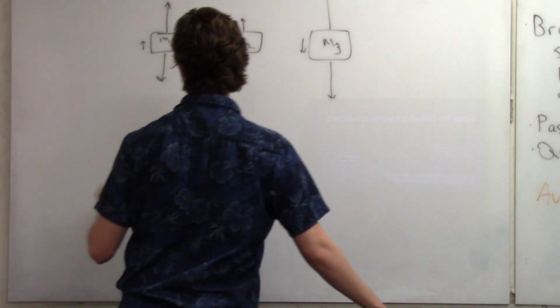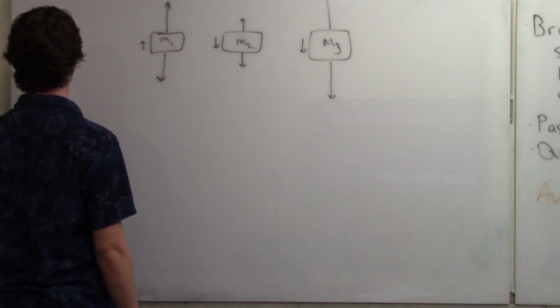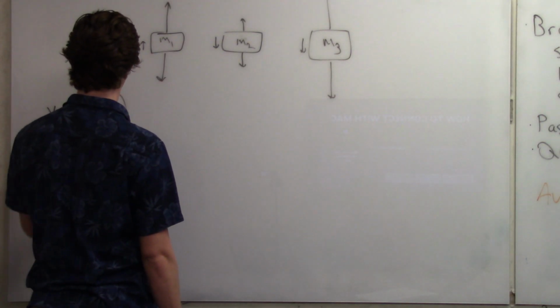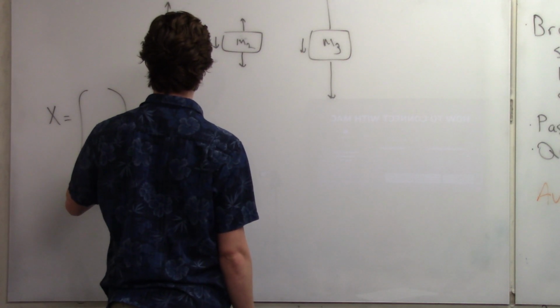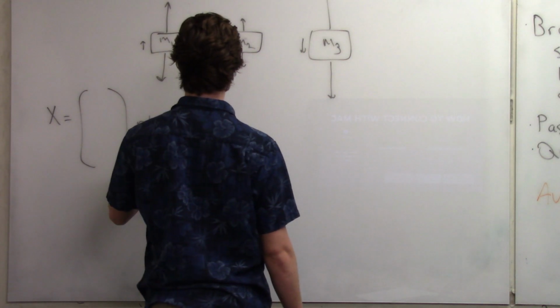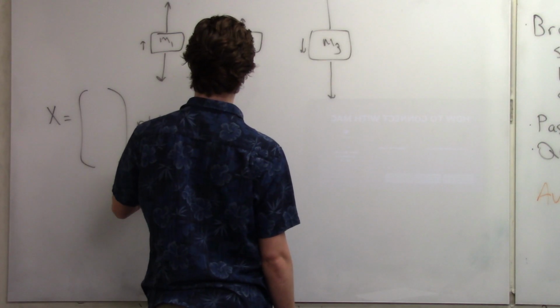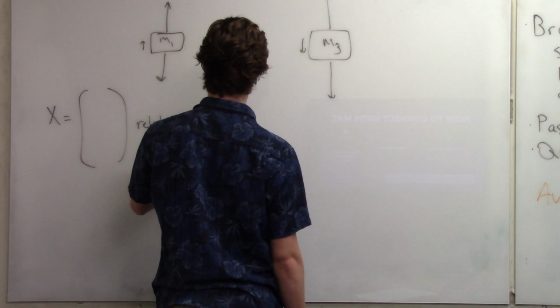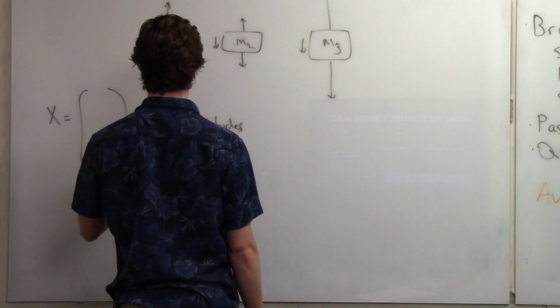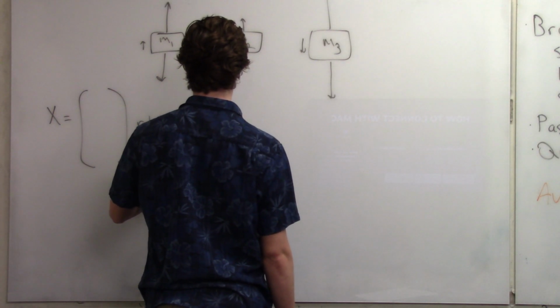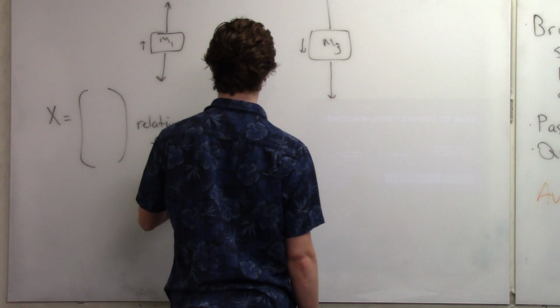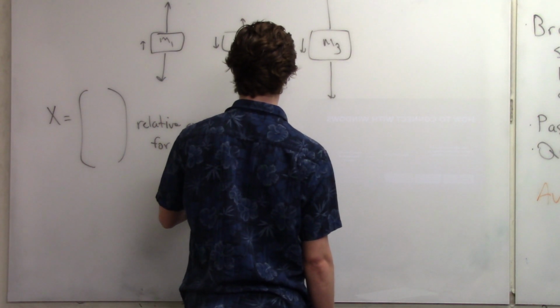So what that mode shape does is it's going to be all of your relative amplitudes for each mass, and in parentheses I'm going to put degree of freedom.